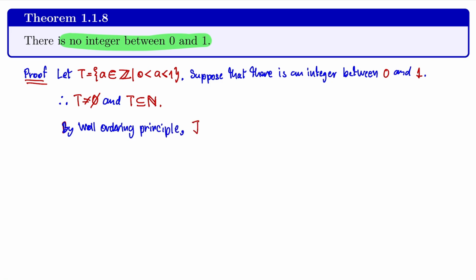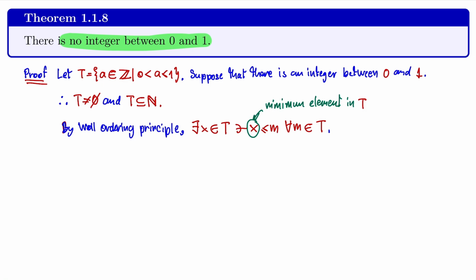There exists an element x in T such that x is less than or equal to m for all m in set T. This means that x is the minimum element in set T.